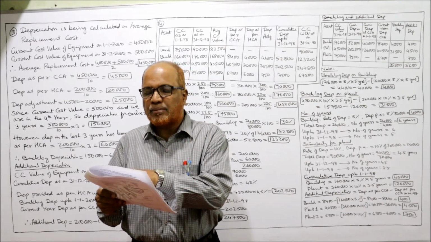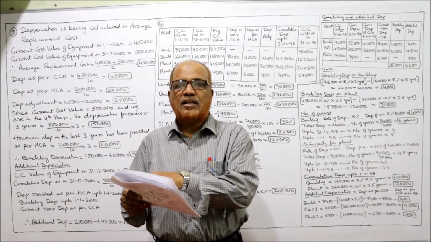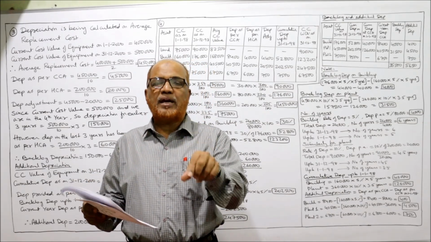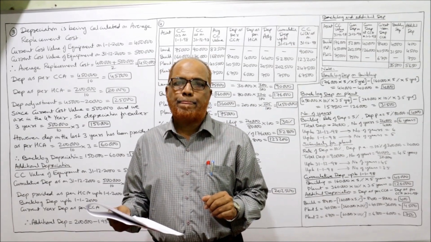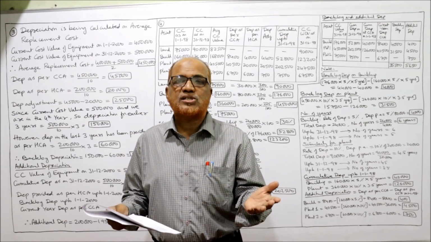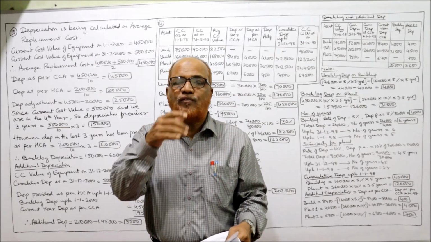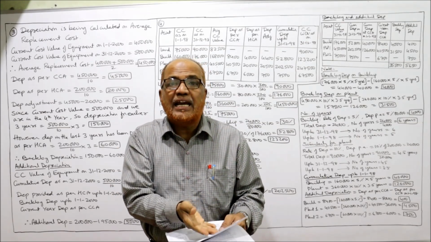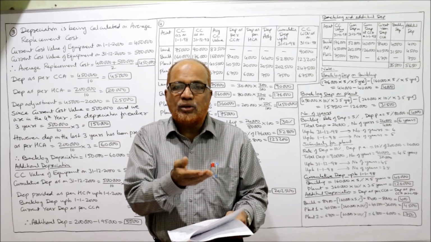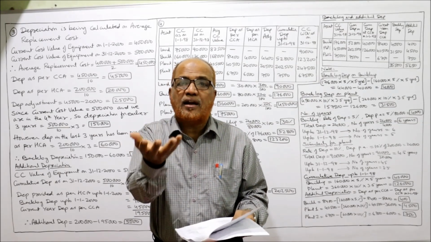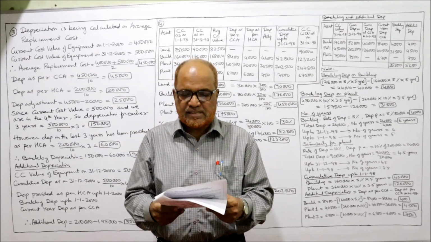On 31st December, it is 300. These are the index numbers we have to make use of for replacement value, because we are following current cost accounting, CCA. So we want the current cost. How to find out the current cost? By using the index numbers, we will find out the current cost value of the asset.